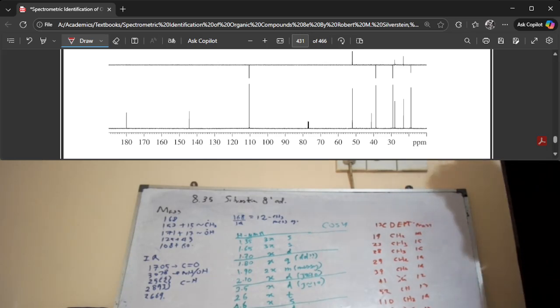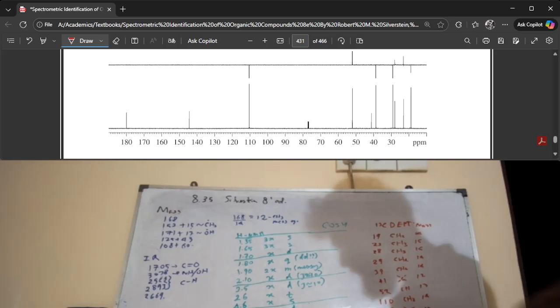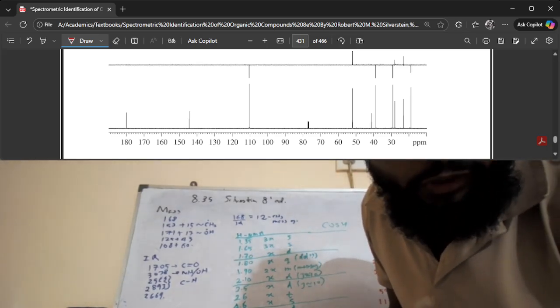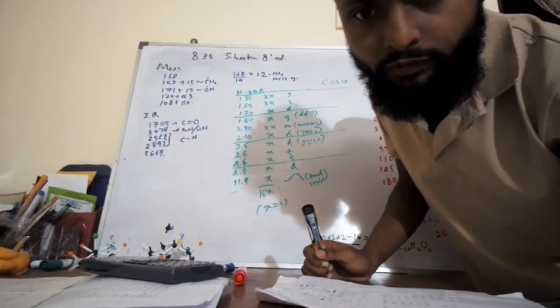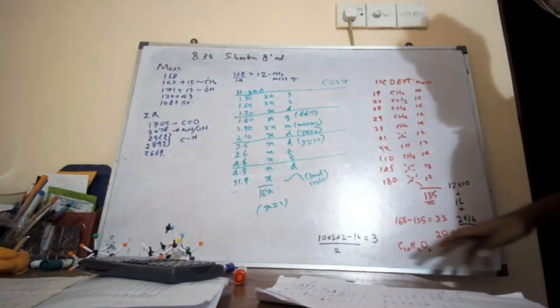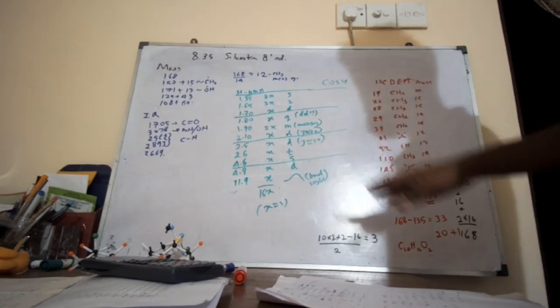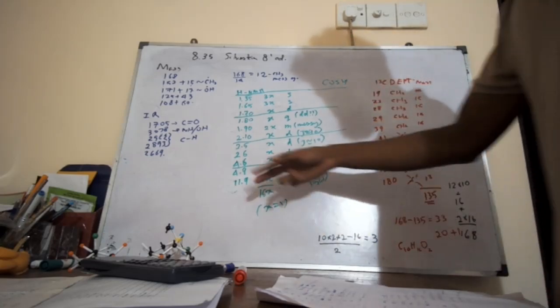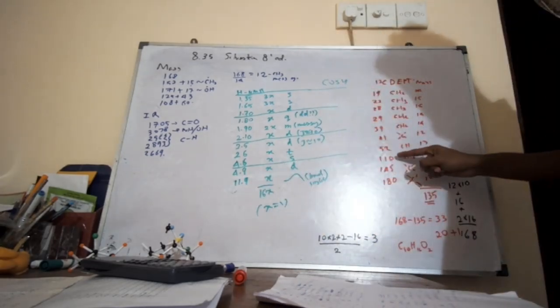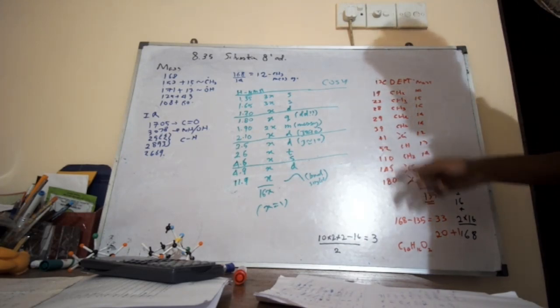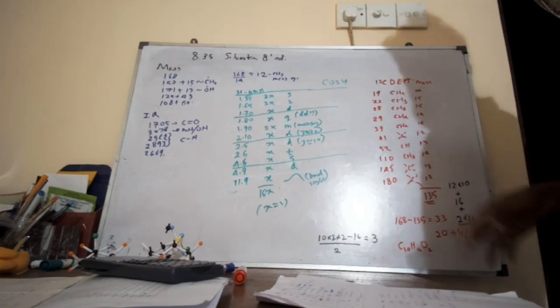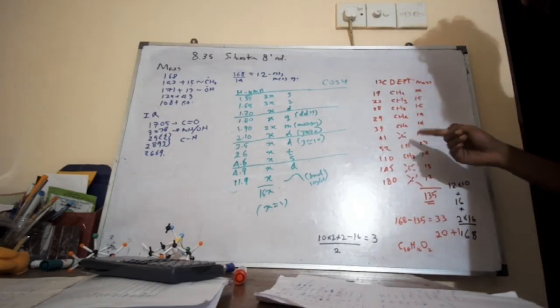So if you have a carboxylic acid, now we'll look at what we have here. Before we go to the correlation graphs, let's try to interpret what we have. You can see that there is a 110, 145. You see these C13 shifts, so that means that there's an olefin.